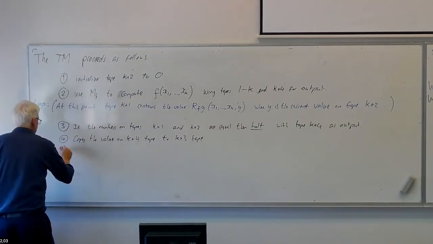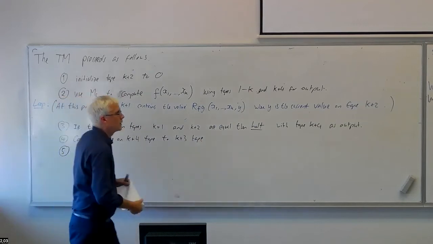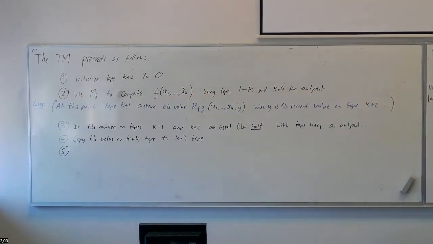We then want to compute the next value of RFG for x plus 1. So we've got on our k plus 3 tape the current value, RF, which is this one. And to compute the next value, we need to apply G to x1 through to xk, to x and to the previous value.